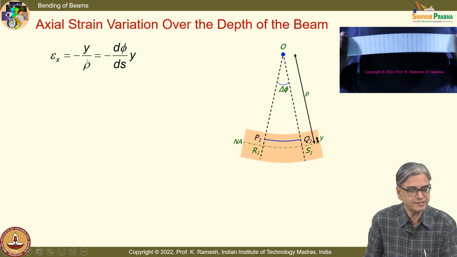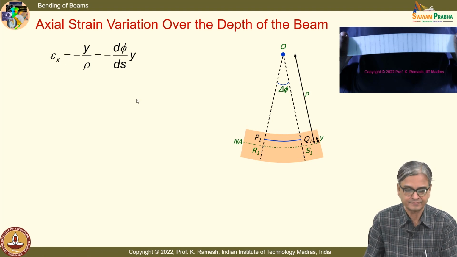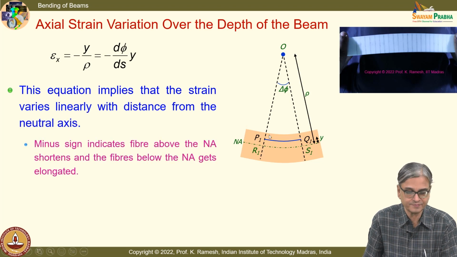Since I have this as a function of y, over the depth of the beam, the variation of the axial strain is clearly linear. So, the reference is neutral axis. I have the neutral axis from which I measure the distance y.